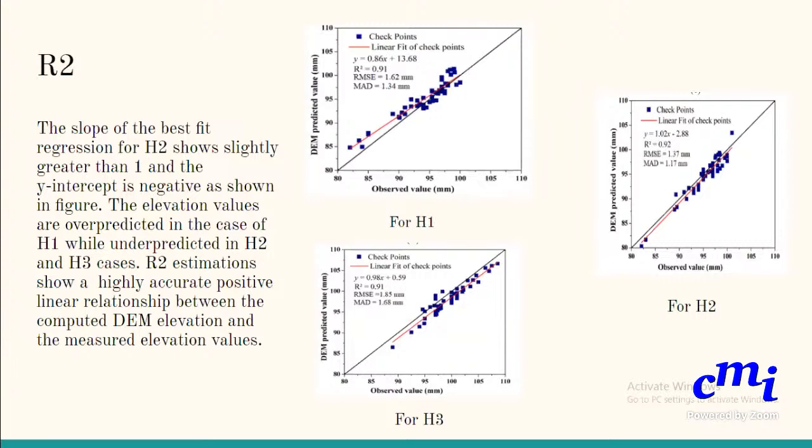And this is for H1, which is over predicted. As you can see, the red line is the linear fit of checkpoints, and checkpoints are the blue points. So H1 is over predicted, but H2 and H3 are under predicted. Next.